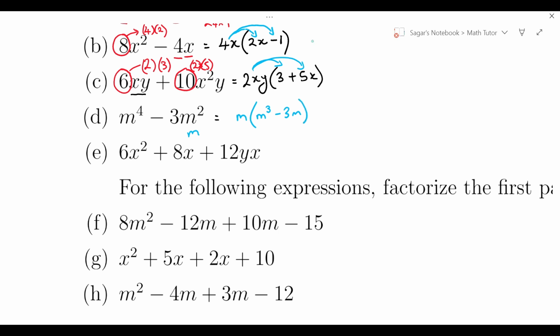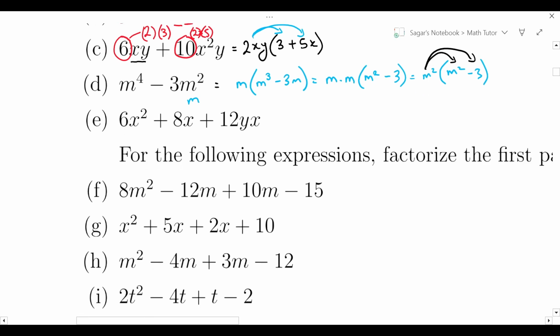And then we suddenly realize, okay, we can also factor out another m. So we factor out another m, we get m squared minus 3. And that is essentially m squared, open brackets, m squared minus 3. And it's exactly the same thing as before.